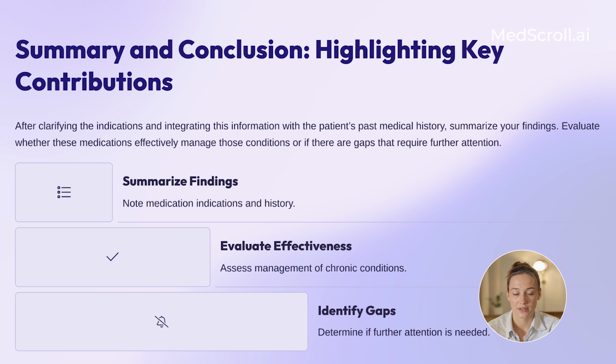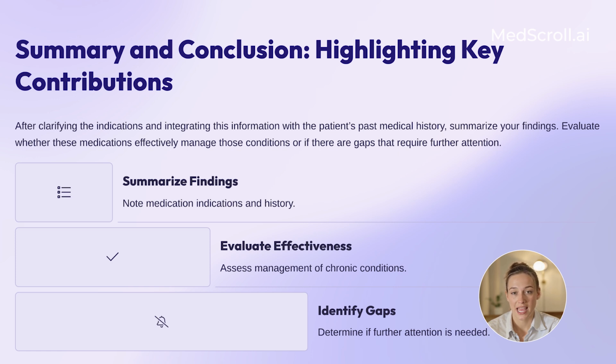For example, if the patient is taking multiple medications for chronic conditions, note whether these medications are effectively managing those conditions, or if there appears to be any overlap or redundancy that might need further evaluation.